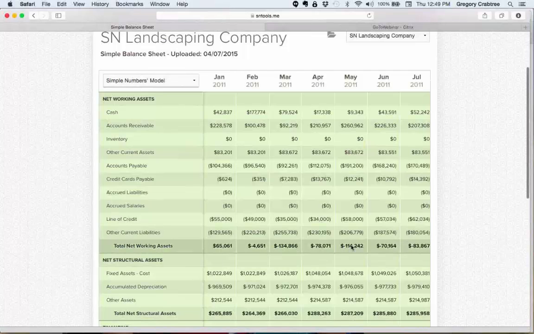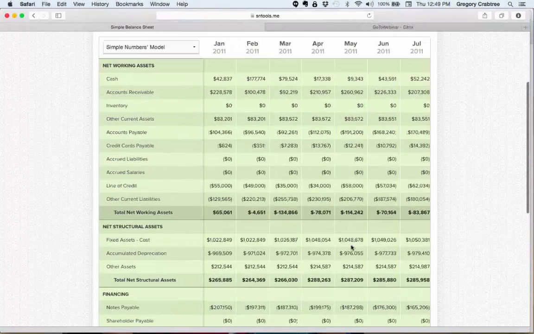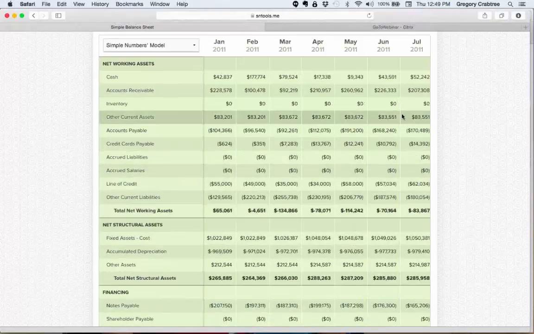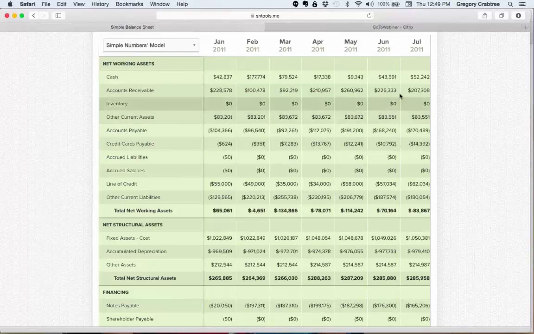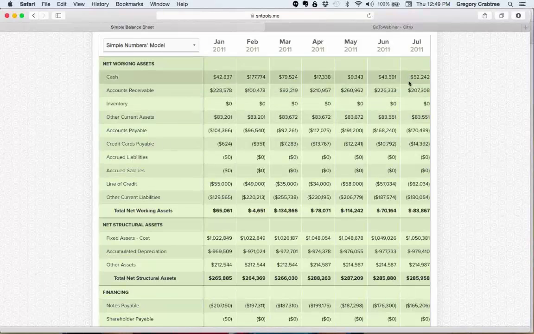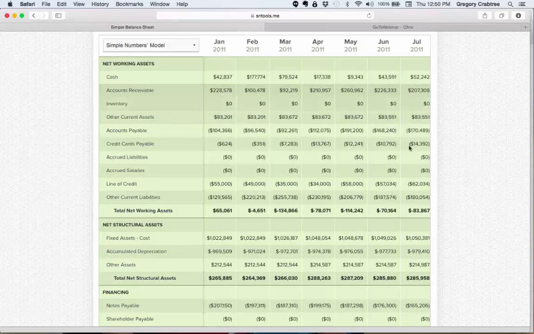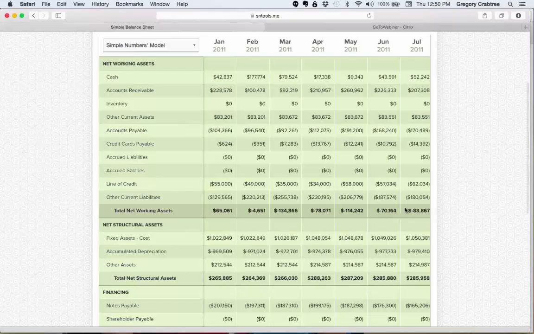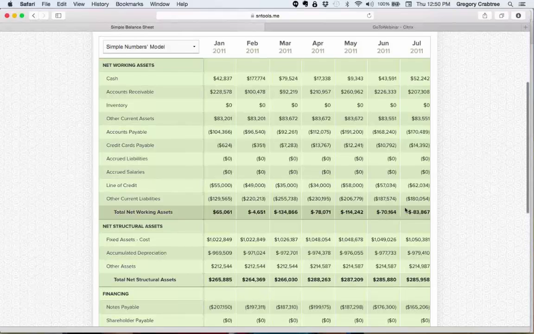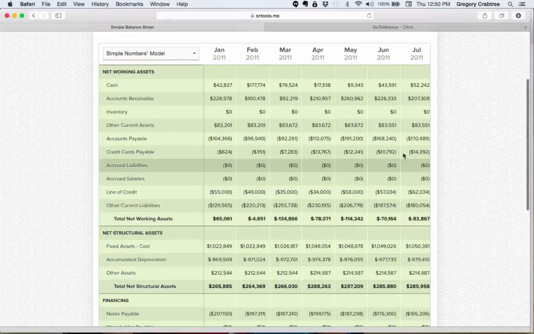We think this is actually an interesting view, because in reality, these things are going to kind of flop around. I may collect a receivable and it just shifts from receivables to cash. That really doesn't change it. What you really need to be trying to do is improve the net working asset structure of your business so that this is a positive number and you're not relying on debt to fund it.